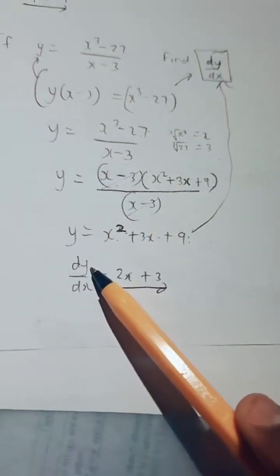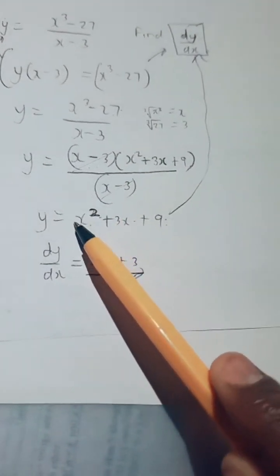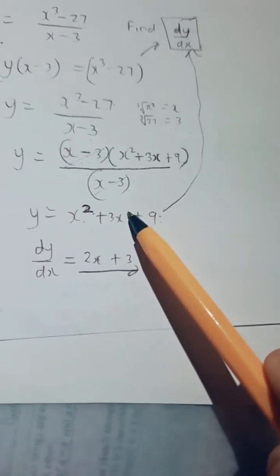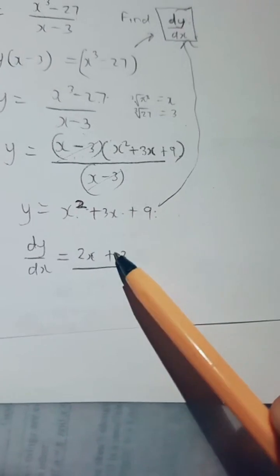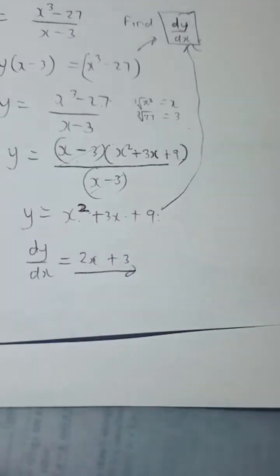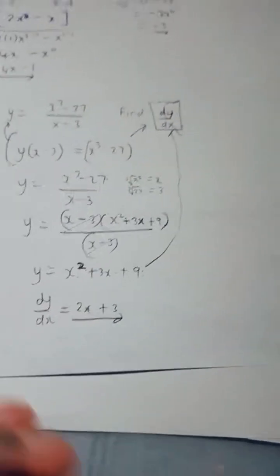Because remember, when you're deriving with the x squared, you take the 2 forward, 2 times the 1 that was there, x to the power 2 minus 1, so that gives you 2x. Then same thing here, 3x to the power 1 minus 1, that gives you 3 times 1, which gives you 3. So there is our salvation when it comes to these types of questions.